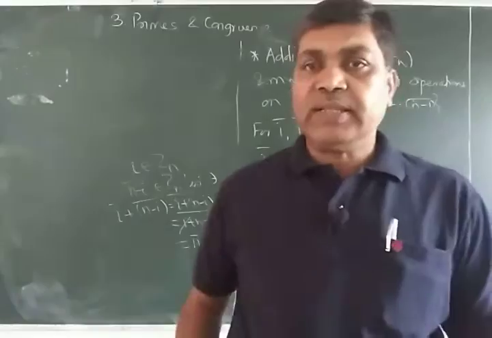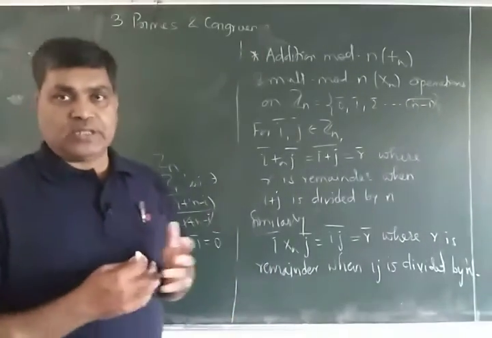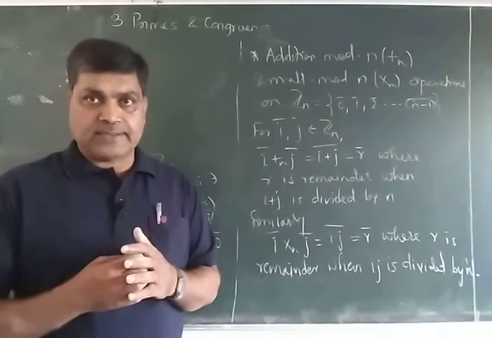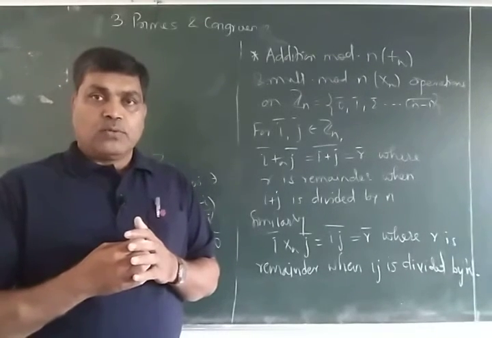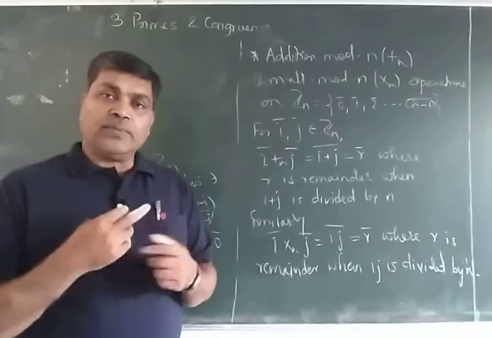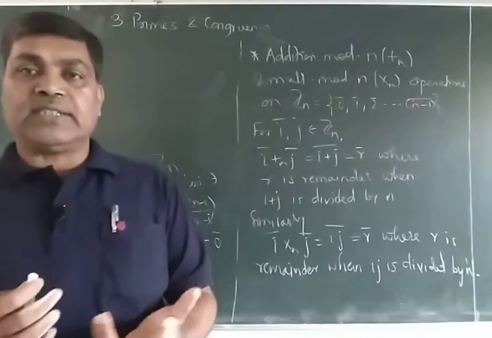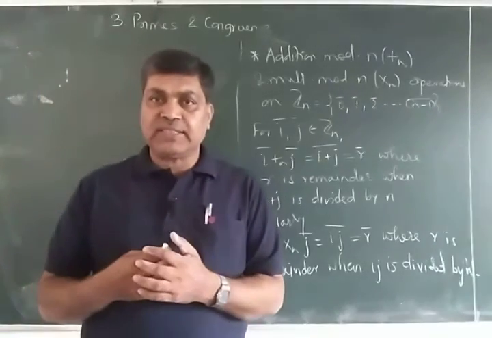You are well familiar with the operations of addition and multiplication and their properties. We know that addition operation is commutative on the set of numbers. That is, for any two real numbers a and b, a plus b is same as b plus a.